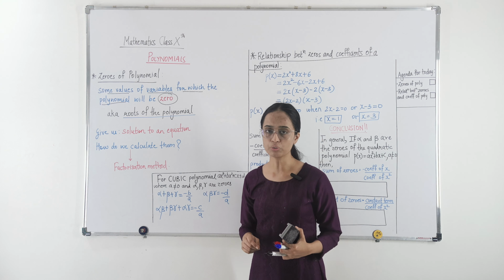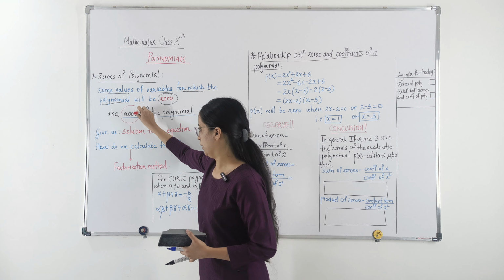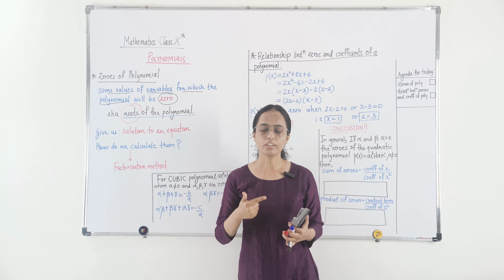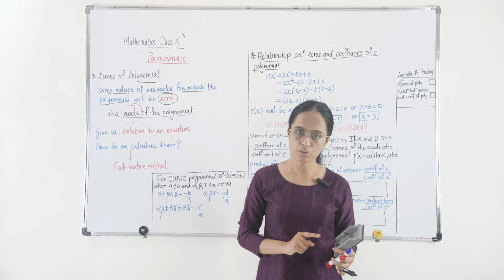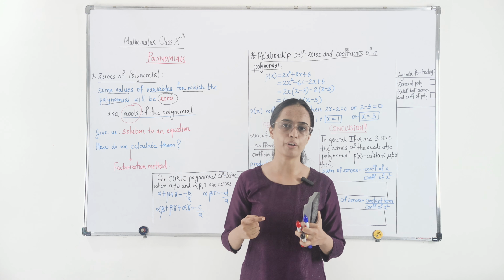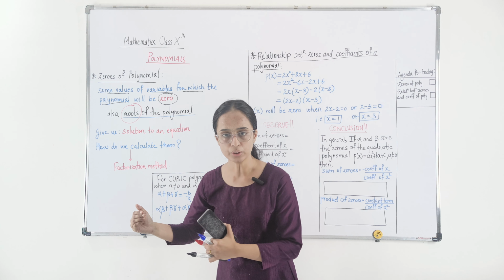And we also know that they are also called the roots of the polynomial. Right? So the zeros of the polynomial or the roots of the polynomial are those values of the variables in the polynomial for which the polynomial becomes equal to 0.